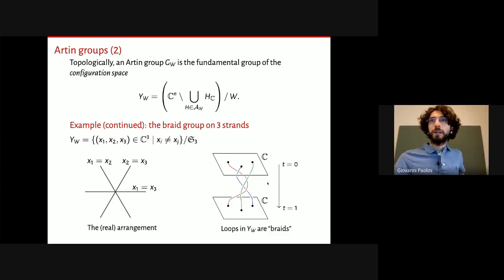And at each moment in time, the 3 points should not intersect. They should never coincide, because the loop always has to stay in the complement of the arrangement. So these 3 strands are never going to collide with each other.